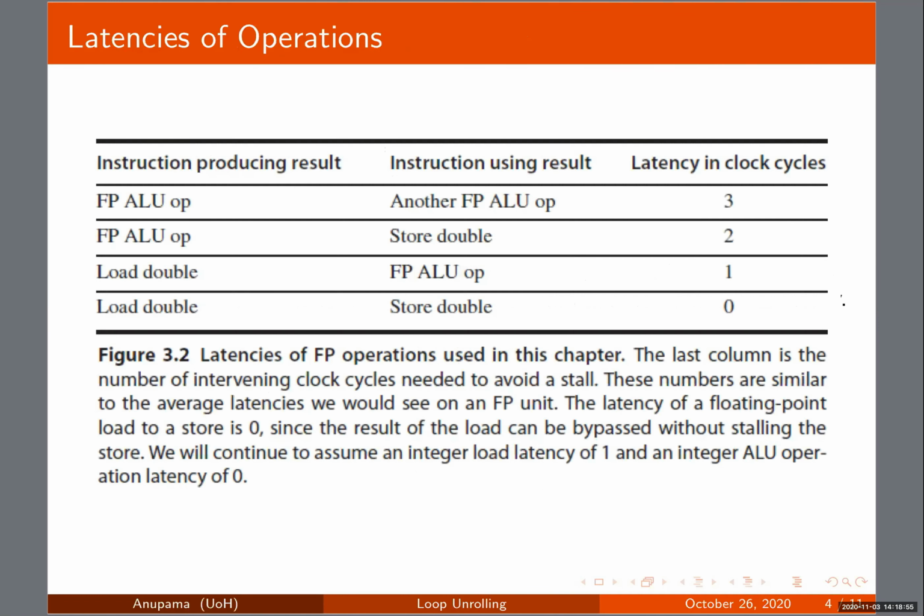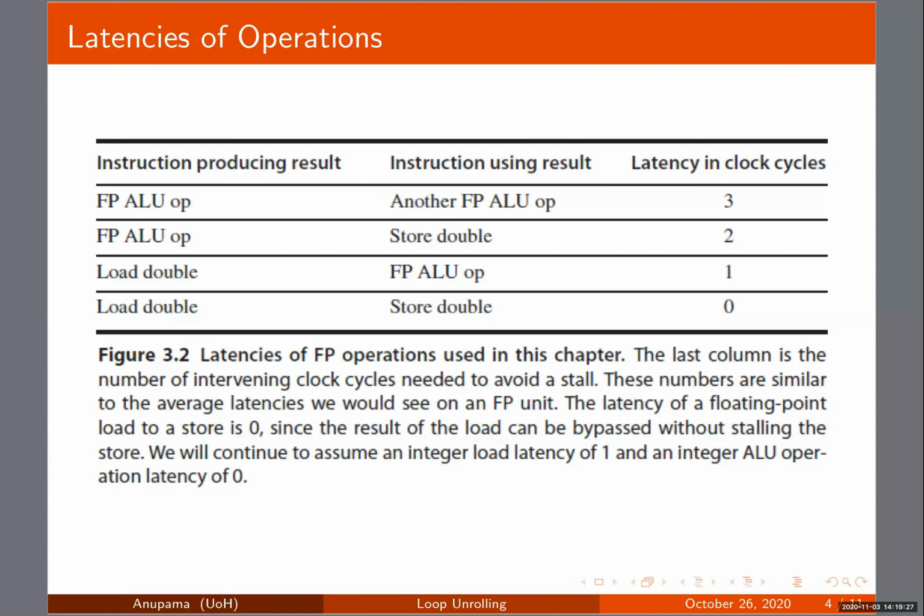Okay. Now, these are the latencies that are assumed in this example. And latencies are basically, when do you finish an operation and when can the next one use it, between an FPALU operation and another FPALU operation. So you start a floating point ALU operation, and you have another FPALU operation.